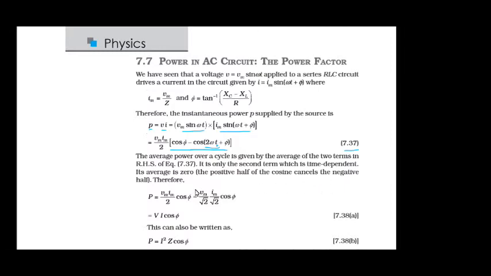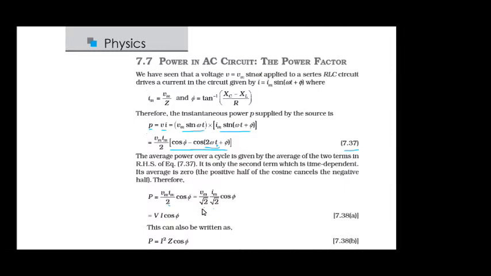Therefore, we can write p = vm im/2 into cos phi. The second term becomes 0. We can write the same as vm/root 2 multiplied by im/root 2 cos phi. We have written 2 as root 2 multiplied by root 2.